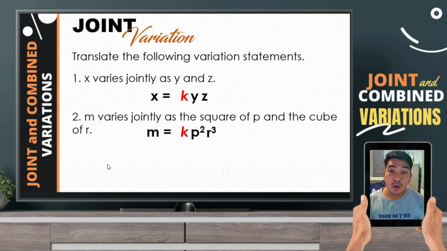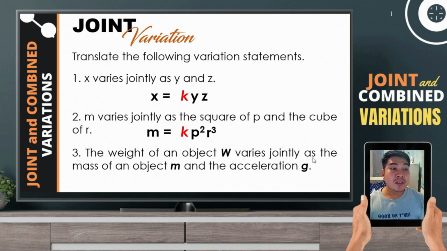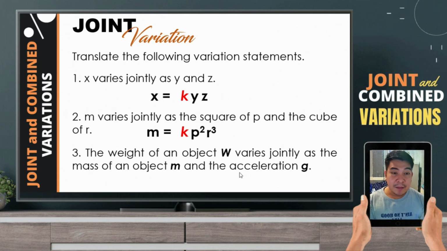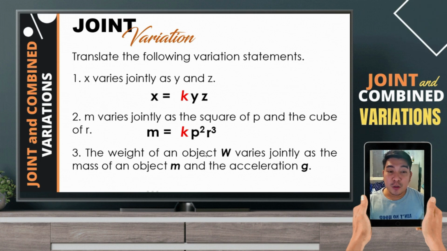So let us now proceed to number 3. The weight of an object W varies jointly as the mass of an object M and the acceleration G. So to translate this one, we need the first quantity, which is W. We should take note na kapag capital ang gamit, capital letter, if it is in lowercase, lowercase din yung mga letter.